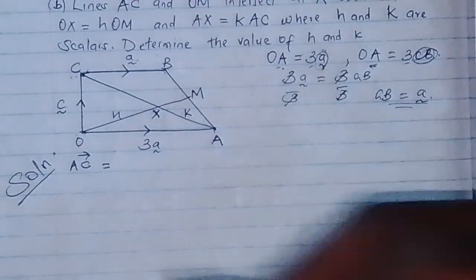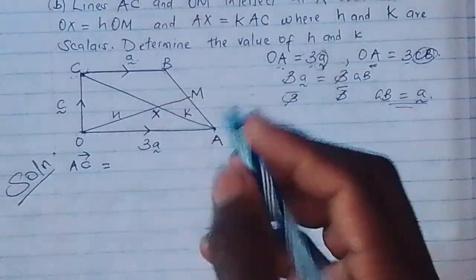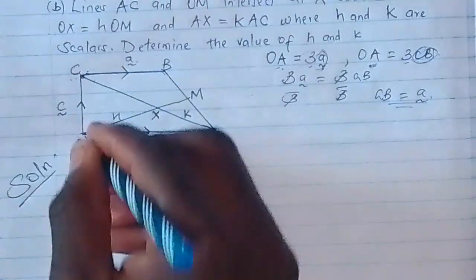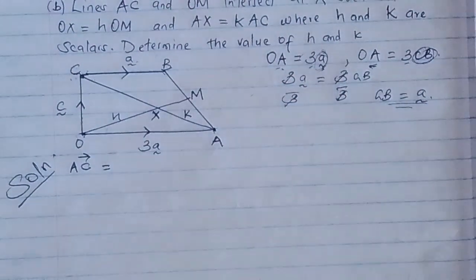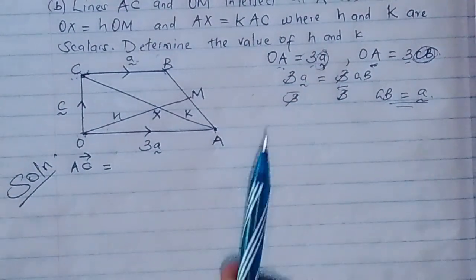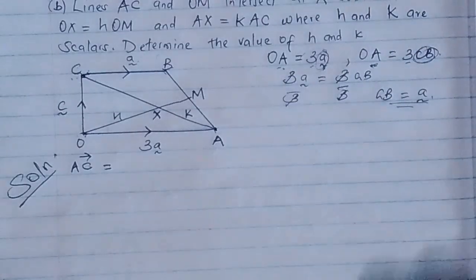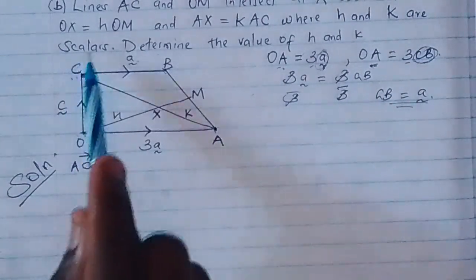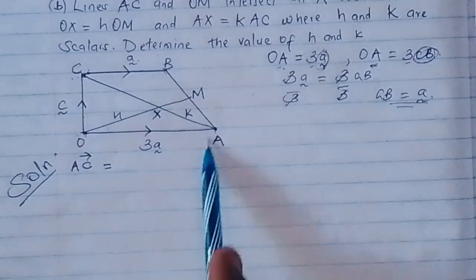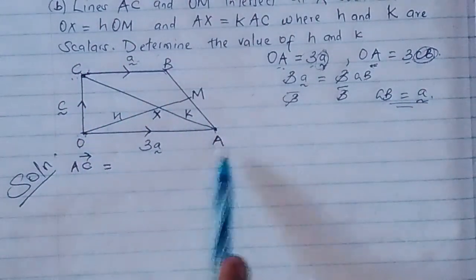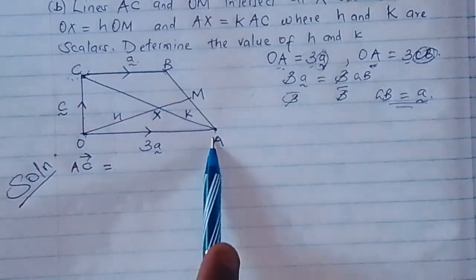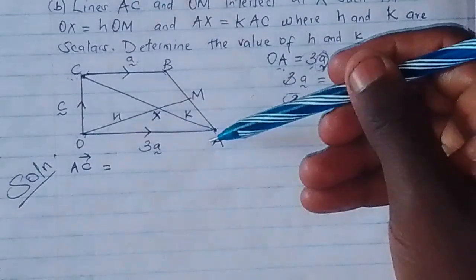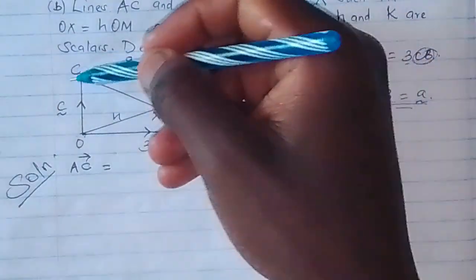But we have AO and OC. Remember guys, if the vector is written as AC, it means we are moving from A to C and not C to A. If it is C to A, then it will be CA. So our arrow here points from A to C.